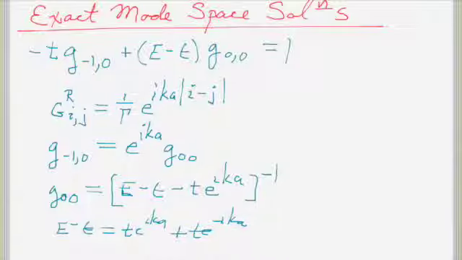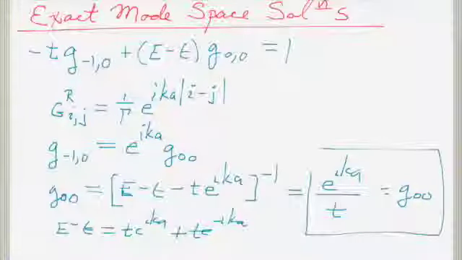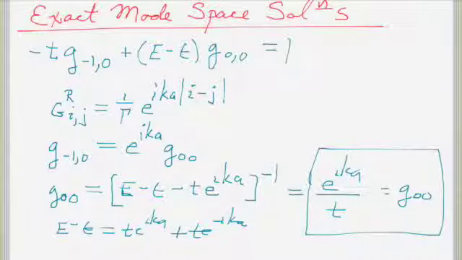So you just use that fact, so that this is equal to the inverse of T e to the minus I Ka, right? So that's equal to e to the I Ka over T, which is our exact solution in this simple 1D chain model for G 0, 0.